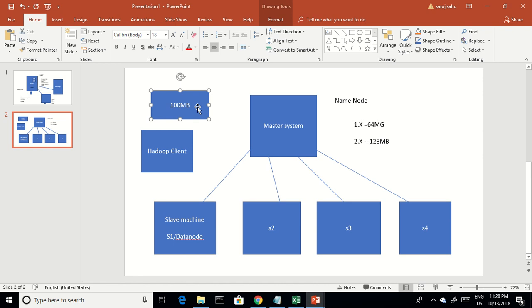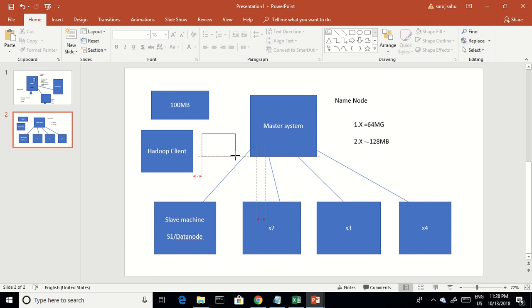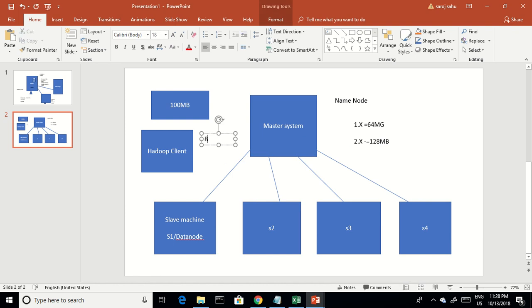So my input file is divided into how many blocks? It will divide by 64, giving approximately 2. The first block, B0, would be 64 MB, and B1 would be 36 MB.